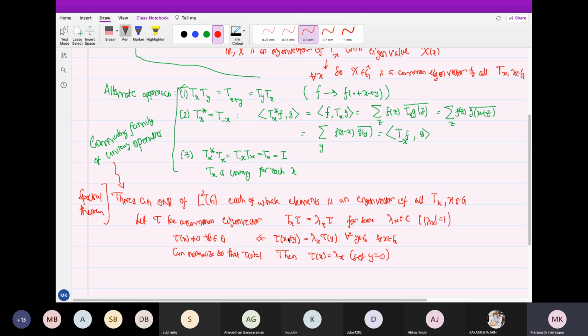Set y equal to 0: this side is tau of x, and this side is lambda_x times tau of 0, which is now taken to be 1. So lambda_x is nothing but tau of x. So what this means is tau of x plus y is tau of x times tau of y for all x, y. That is, tau is a character.